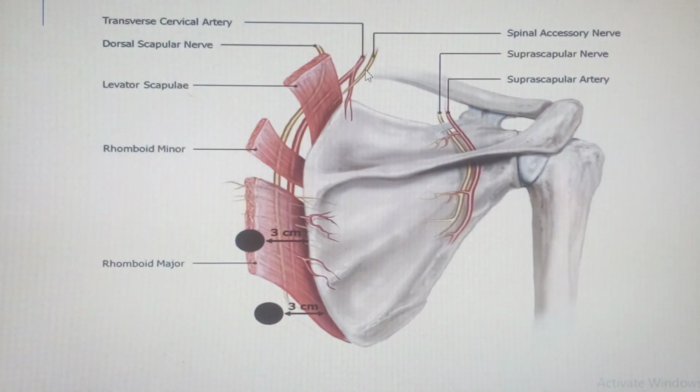So what I'm trying to say is that this transverse cervical artery will give rise to the dorsal scapular artery, or this transverse cervical artery will be running alongside the dorsal scapular artery to supply these structures.